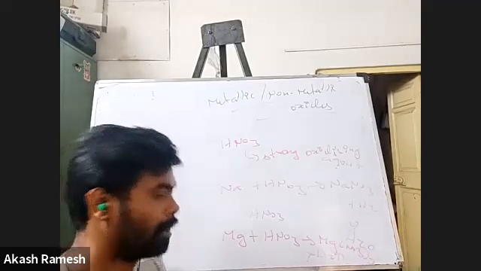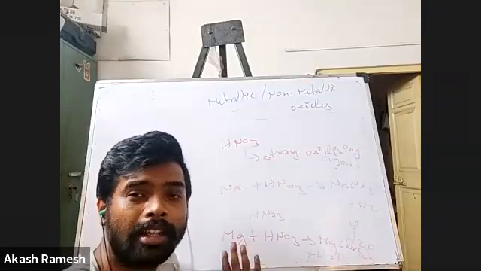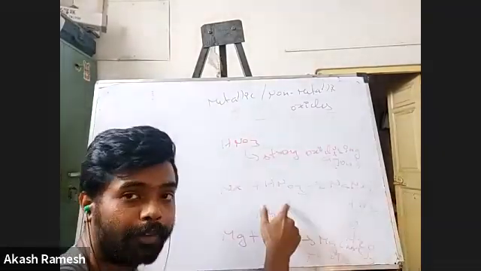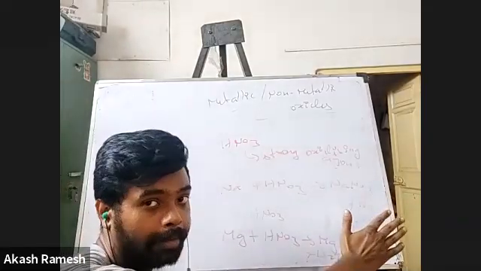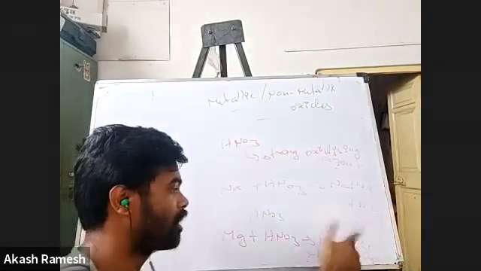Is it because magnesium is more reactive compared to sodium? No, we know sodium is more reactive. Magnesium is a little less reactive, so the reaction is a little slow. But the sodium reaction is very spontaneous. The moment you add a drop of HNO3 on sodium, hydrogen gas is evolved and immediately oxidized to H2O.